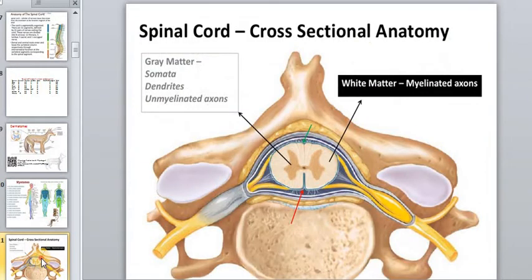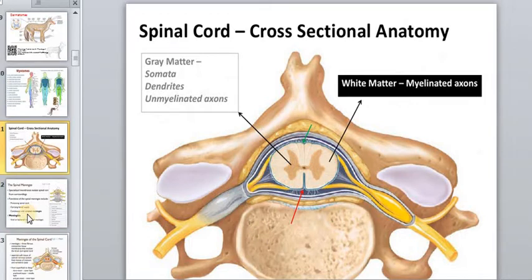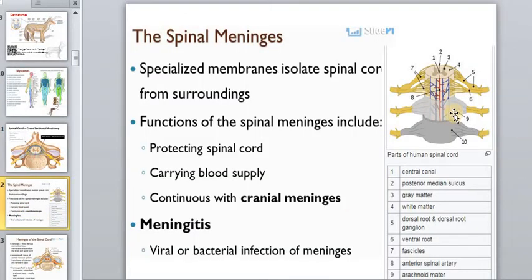And let's start the anatomy of the spinal cord. The spinal cord is under the protection of the bone in the spinal channel of the spine, and in addition, it's surrounded by meninges. You see here, it's not a very good picture, but the spinal meninges we will discuss later.